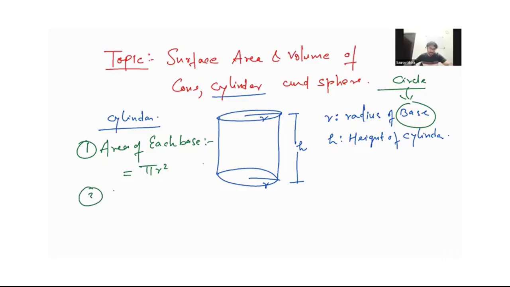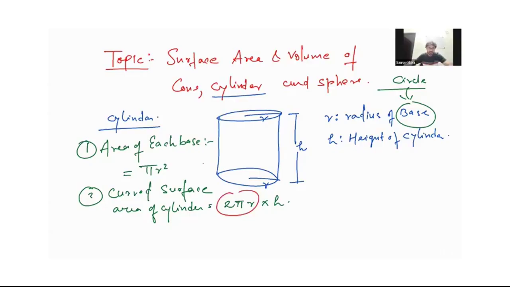Next is your curved surface area. What is the curved surface area of the cylinder? It is 2 pi r into h. 2 pi r is the perimeter of the base, into height.